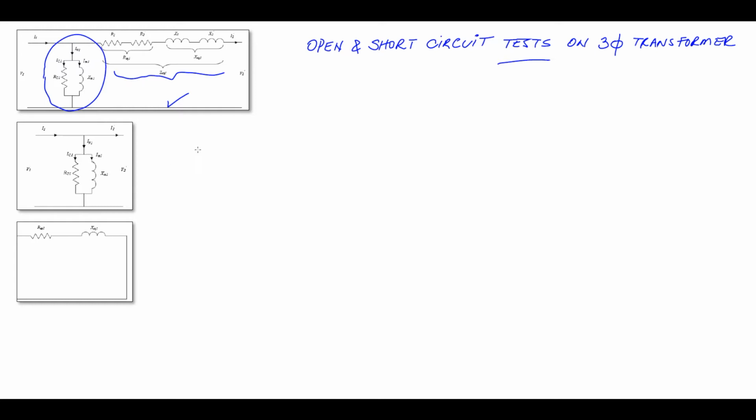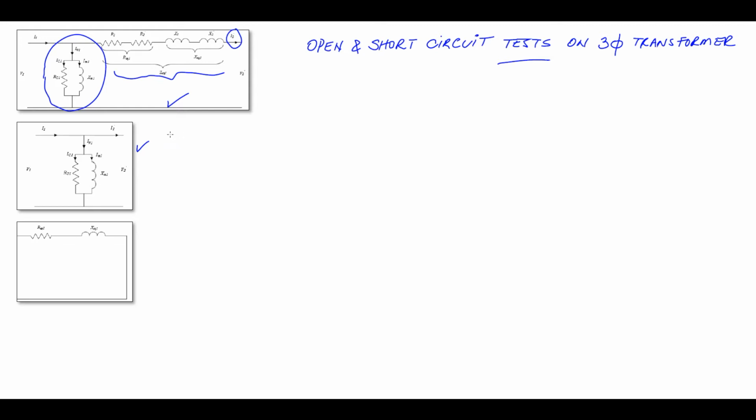So for the open test, the equivalent circuit will be simplified to this figure here, where in the open test the current will be 0. So the drop across those impedances will be 0, and we end up with this figure, with only the core representation, the parameters of the core.